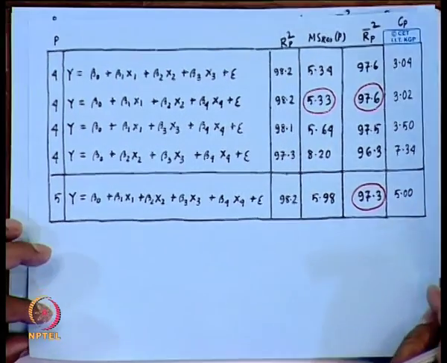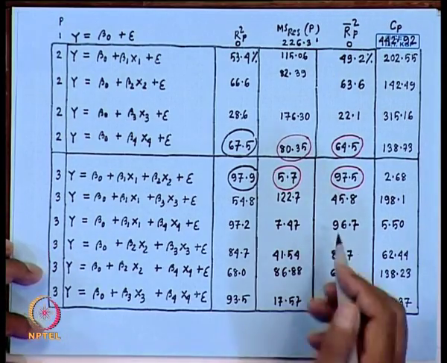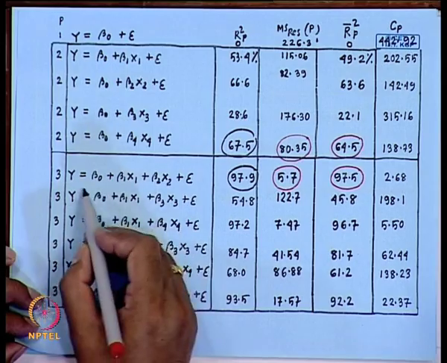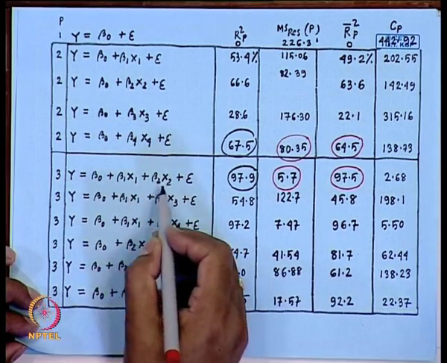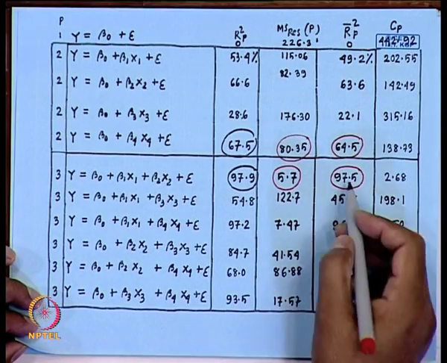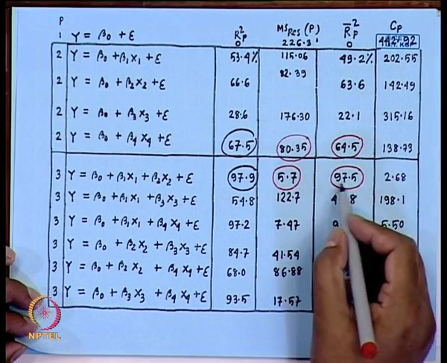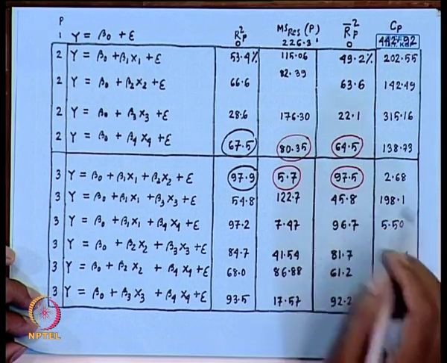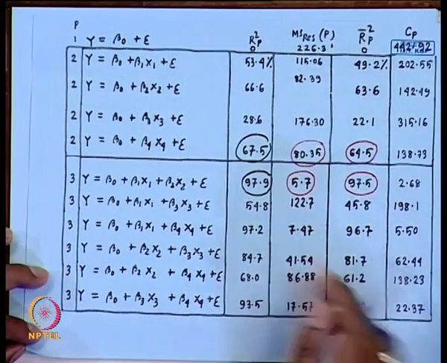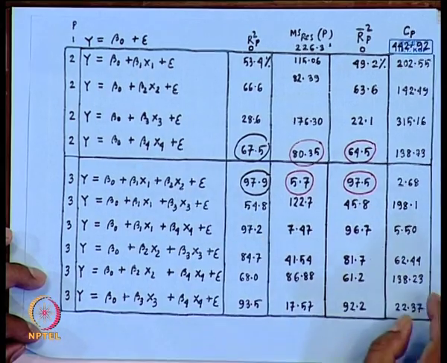So, personally I will go for the model with 2 variables x 1 and x 2, that is enough, because there is no significant increase in the value of the adjusted coefficient of multiple determination if you add one more regressor variable here.